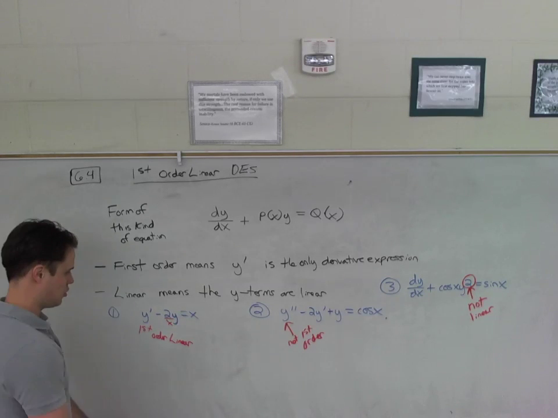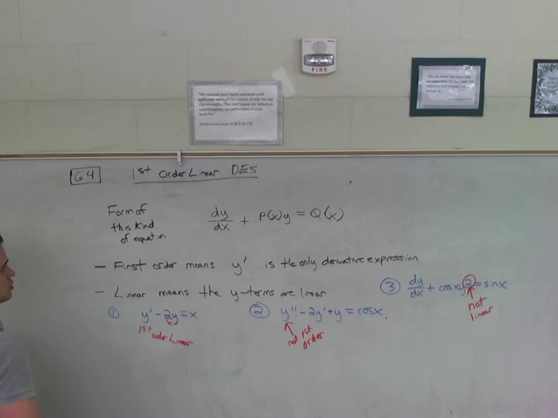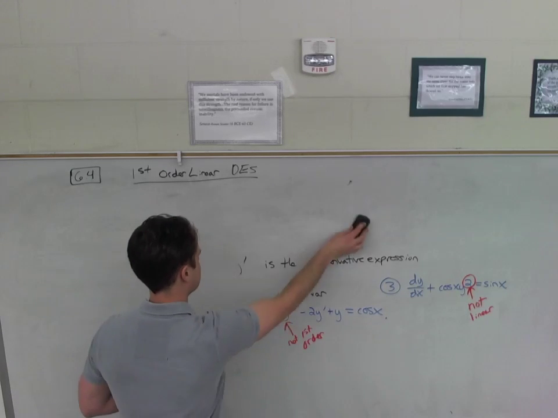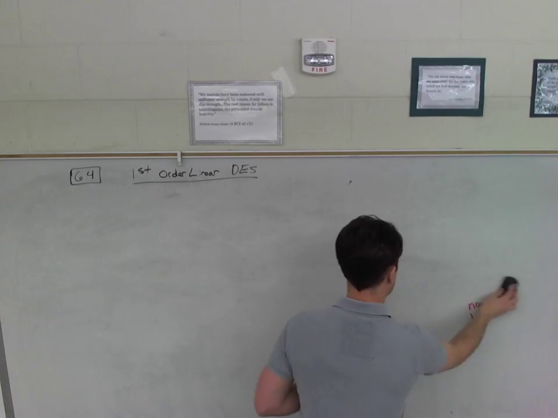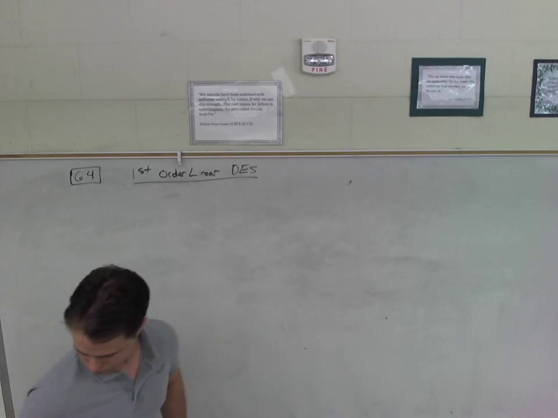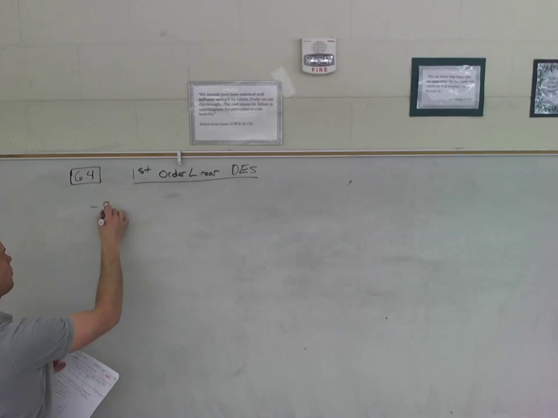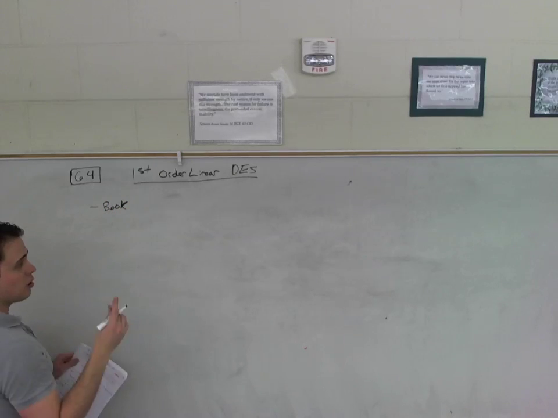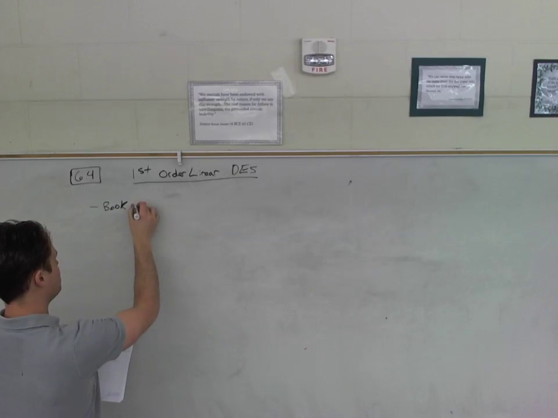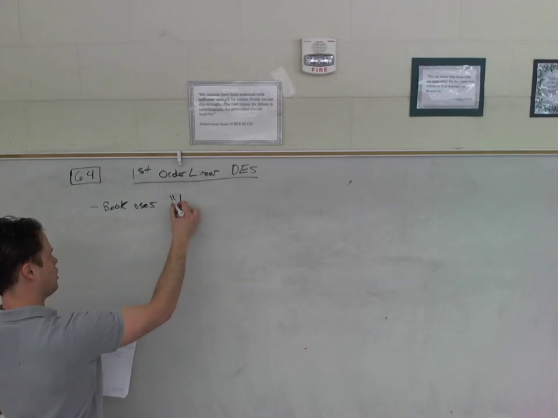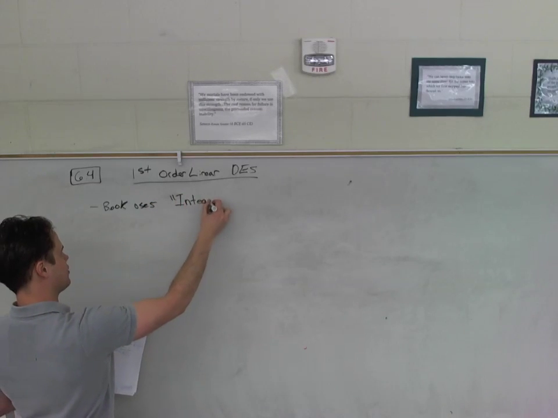Okay, so let's talk about how we're actually going to do these. There's two approaches. The book, and you're welcome to look at this, uses this mysterious approach called an integrating factor.